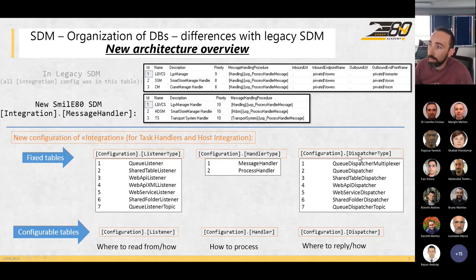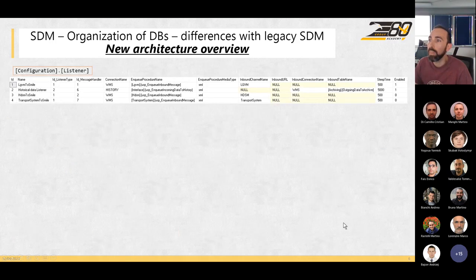And instead, the dispatcher types are basically the same as the listener types. The configurable tables, listener, handler, dispatcher, which we will see now, allow you to create as many listeners, handlers, or dispatchers in the system as you need.